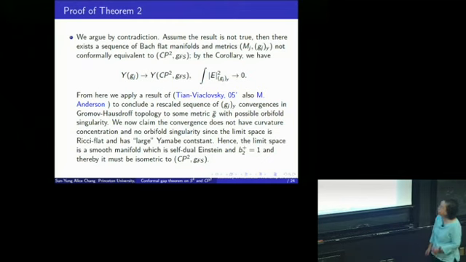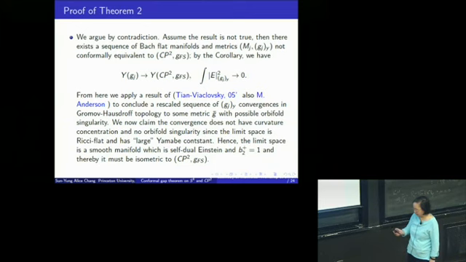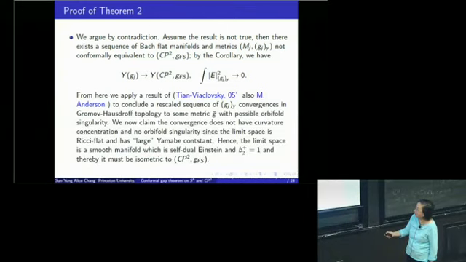We say if it's not, then you have a sequence of manifolds such that the Yamabe constant is close to the Yamabe constant of CP2, and we have the additional assumption that the traceless Ricci tends to 0.